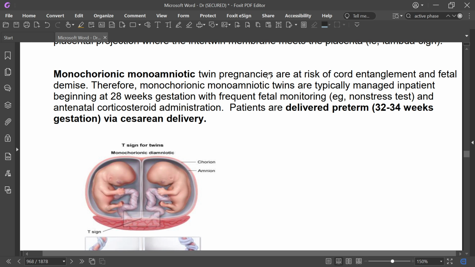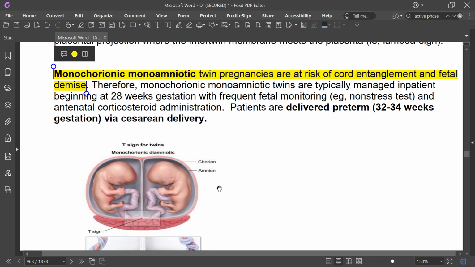Monochorionic monoamniotic twin pregnancies are at risk of cord entanglement and fetal demise. Therefore, monochorionic monoamniotic twins are managed inpatient beginning at 28 weeks of gestation. Patients are delivered preterm at 32 to 34 weeks via cesarean delivery.